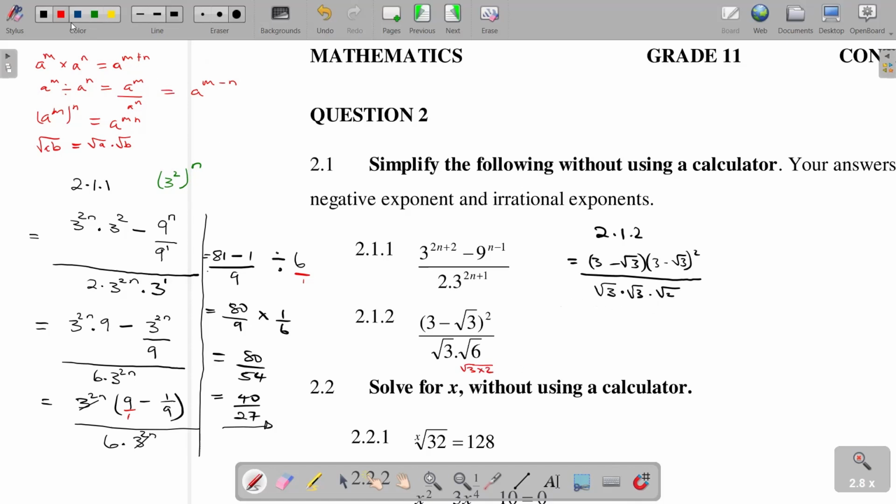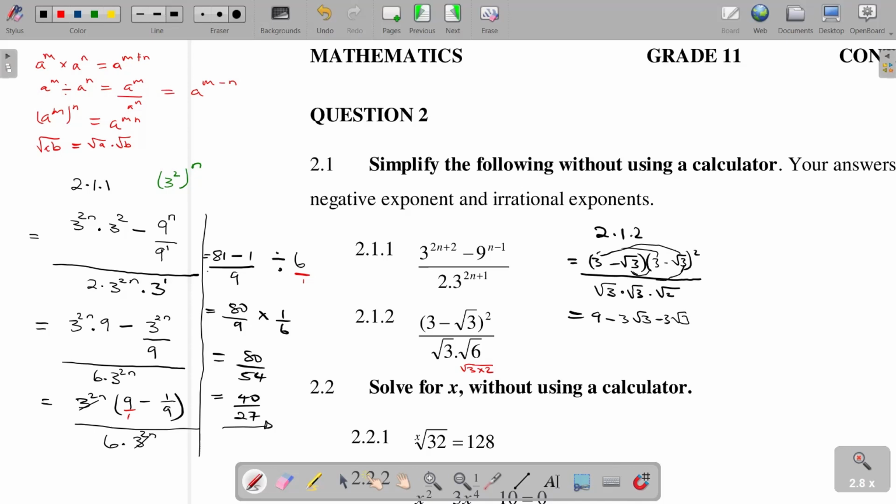So simplifying, we are going to get this one and this one, 9. This one and this one is minus 3 root 3. Then this one and that one, minus 3 root 3.